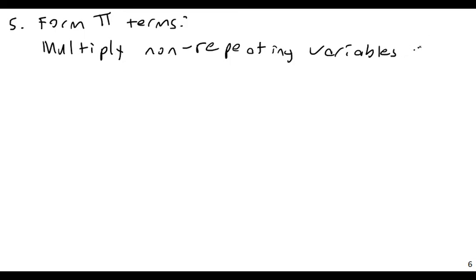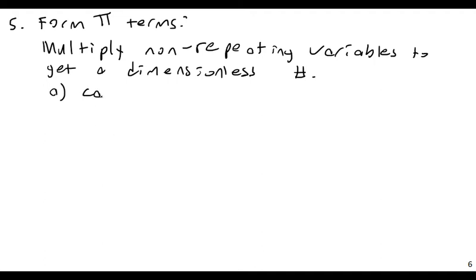However, we can raise the repeating variables to any power. So in our pi terms, the non-repeating variables we want to keep as simple multiplications, but we can raise the repeating variables to any power.